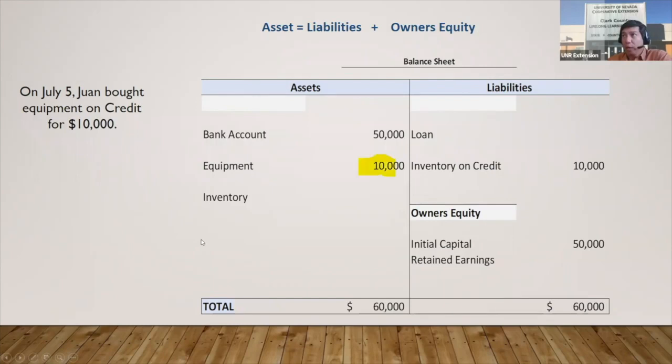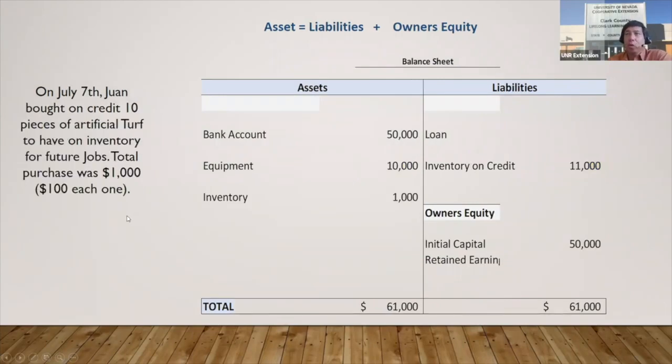I borrowed the money on credit, so I have a liability of 10,000. Again, liabilities plus owner's equity is 60,000. Assets: bank account 50, new equipment 10, total 60,000.